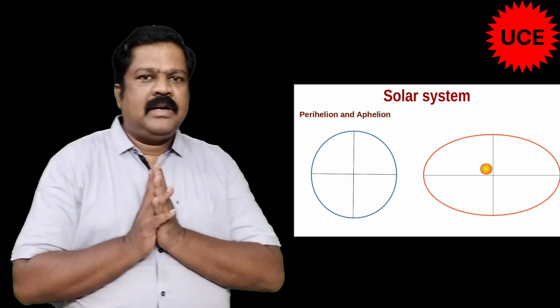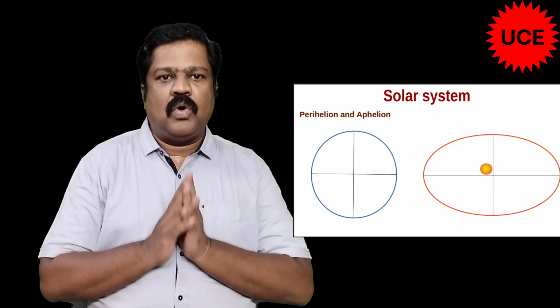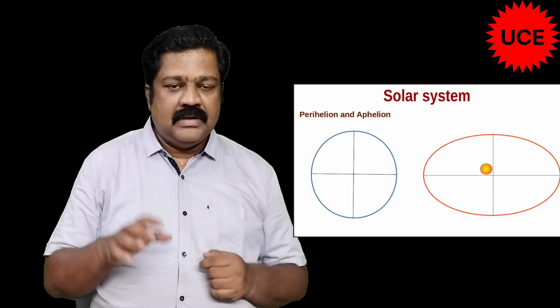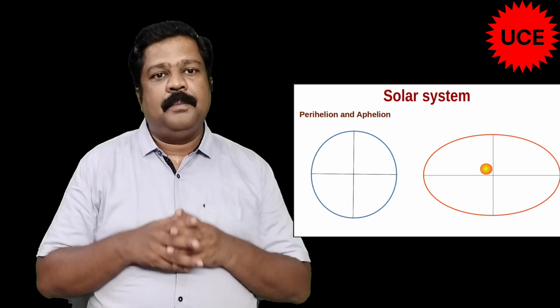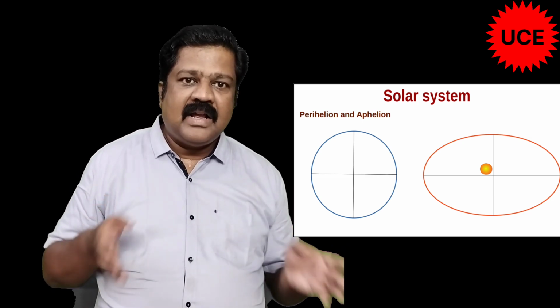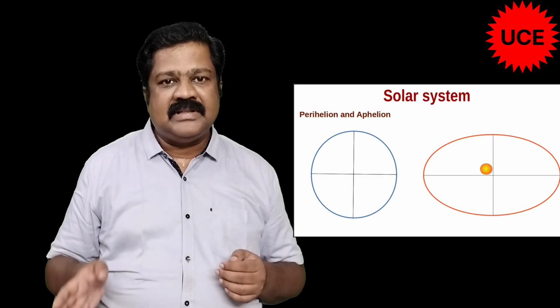So, like that, planets perform an elliptical motion around the Sun. This was shown by a scientist named Kepler. So, these are the views about the solar system. Obviously, these are earlier views. Now, views have changed tremendously, because at that time we were not aware of galaxies.